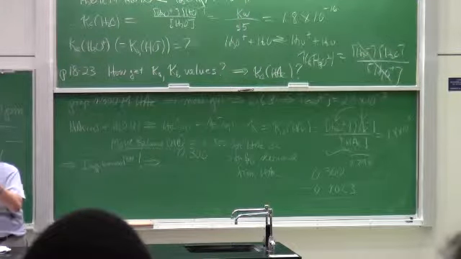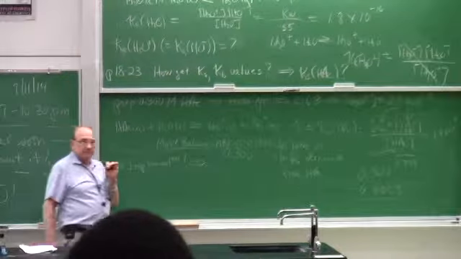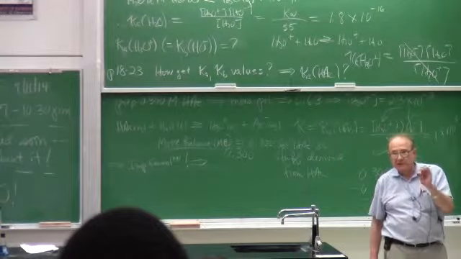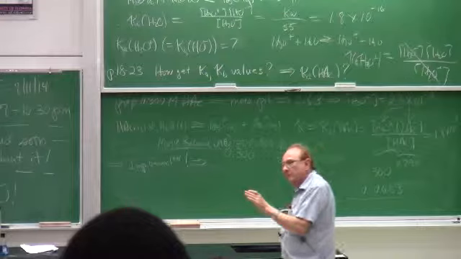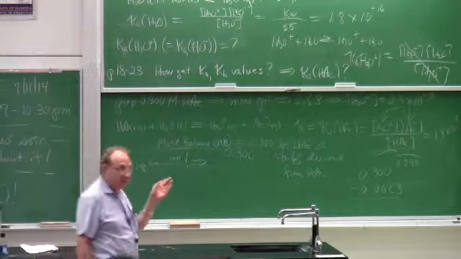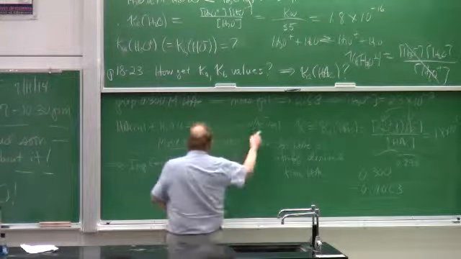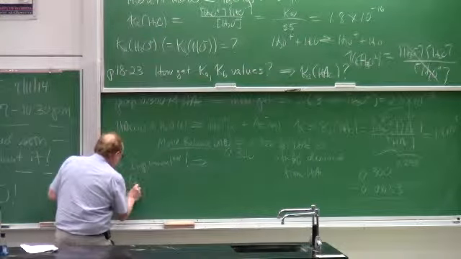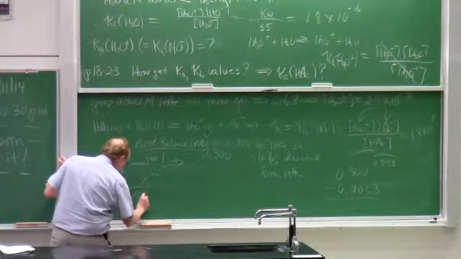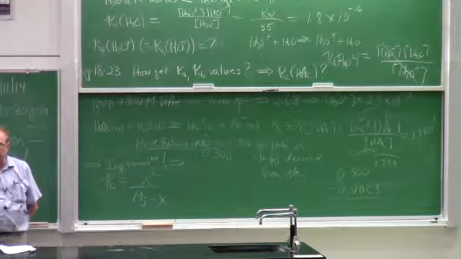If I prepare a solution of a weak acid, water's my solvent, or a weak base, and that weak acid is the only stuff in the system which affects pH beside water, or in the water solution of the weak base, the only stuff in the system which affects pH beside water is the weak base solute, I can take advantage of recognizing that by the stoichiometry of this reaction, Ka for the acid solution is x squared over m sub I minus x. X squared over m sub I minus x.